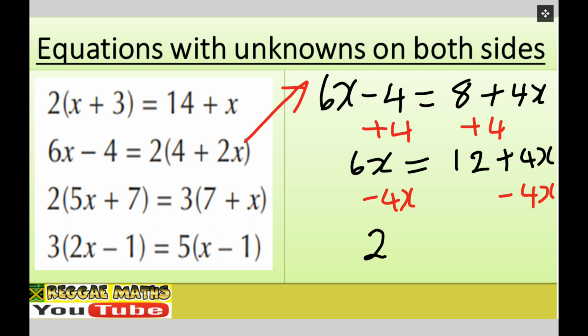So end up with 2x equals to 12. Then divide by 2. So x equals to 6.